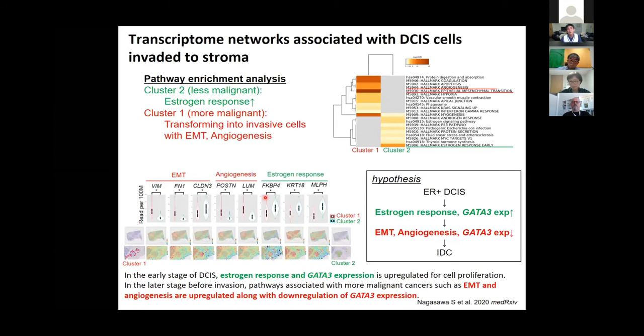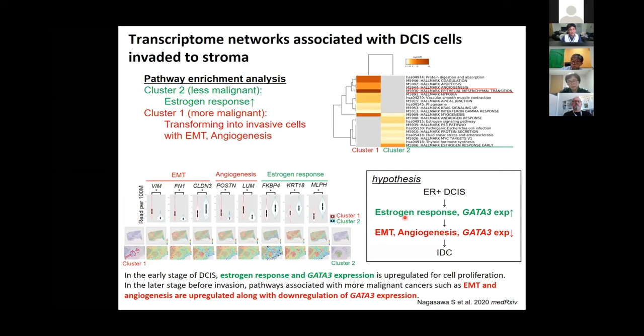And we further conducted gene enrichment and pathway enrichment analysis, and found that cluster 1 showed a significant enrichment of epithelial mesenchymal transition related genes, angiogenesis related genes, and estrogen response genes, which were all genes related to the malignancy of the cancer cells, as shown like this.